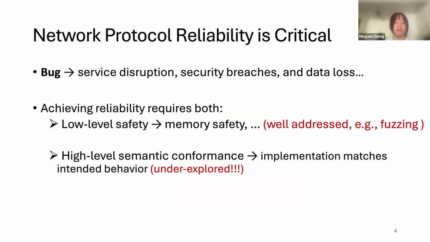Ensuring the reliability of network protocols requires not only low-level safety, which has been studied by many traditional testing works like fuzzing and static analyzers, but also high-level semantic conformance in order to achieve overall reliability. However, this high-level semantic conformance to the intended behavior is actually underexplored.